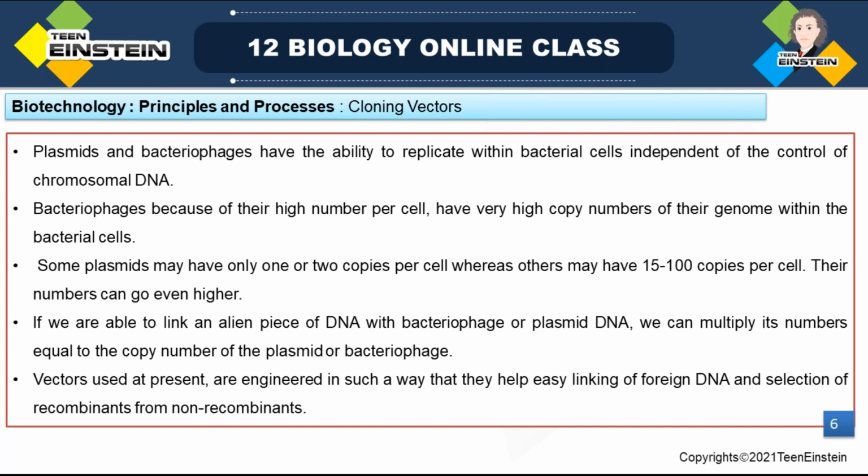Both are DNA fragments only. To this DNA, you join the DNA fragment having the gene of interest. Both will join, then we move to a host organism. Got it? So a cloning vector is a small piece of DNA into which the DNA fragment with the gene of interest can be inserted for cloning purposes.